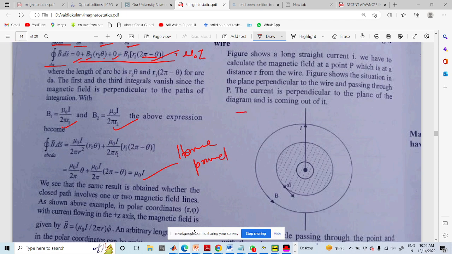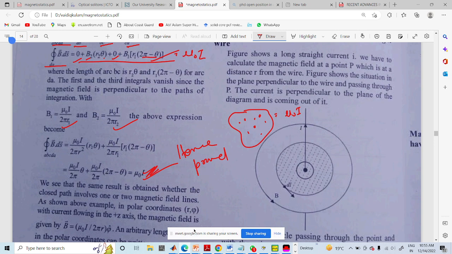If we have a closed loop, and whatever current is inside, because of that the total magnetic field integral over this loop will be mu naught I. That is the proof, right?